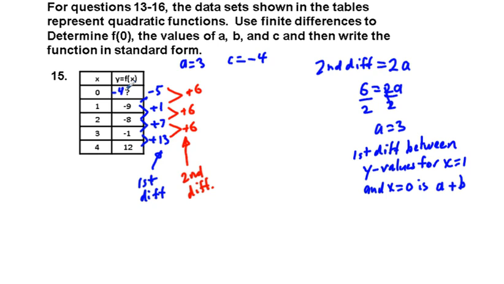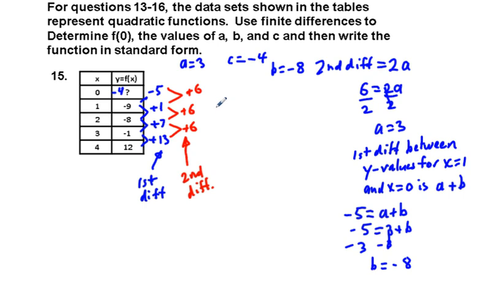Okay, so now we see the first difference is going to be -5. So we'll say -5 is equal to a plus b. And a we already determined as 3, so -5 equals 3 plus b. And then if we solve for b, we can subtract 3. And so -5 minus 3 is going to be -8. So we have up here b is equal to -8.